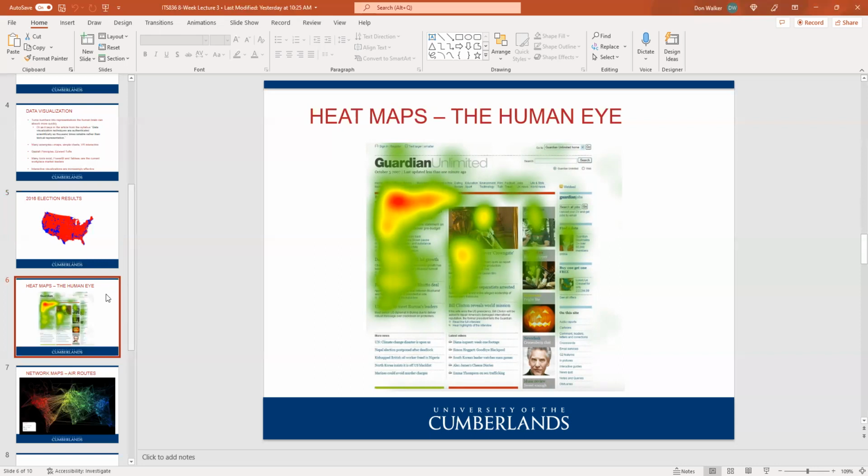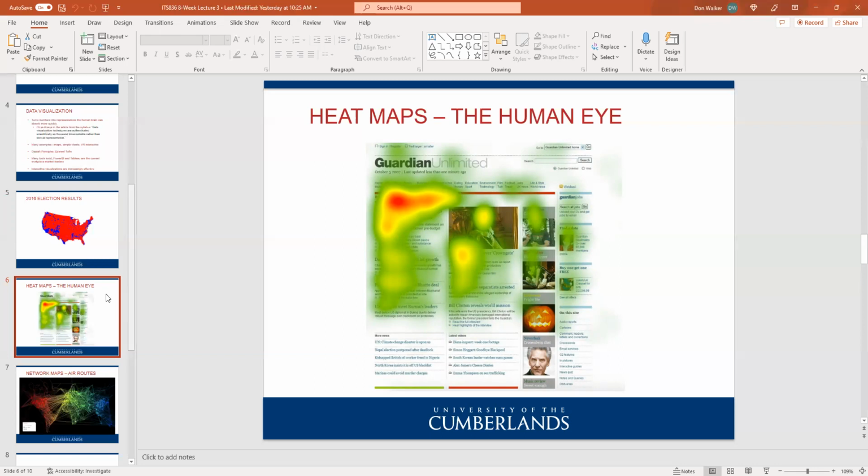And it proves that the upper left corner of anything is where, and this is a Western audience that reads left to right.